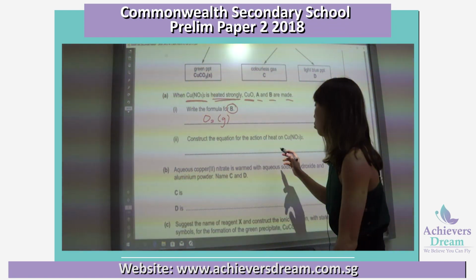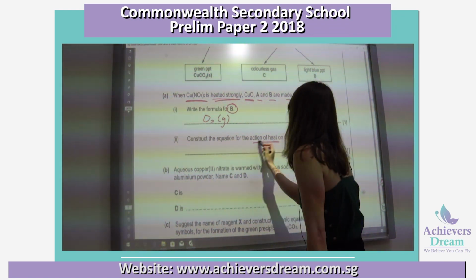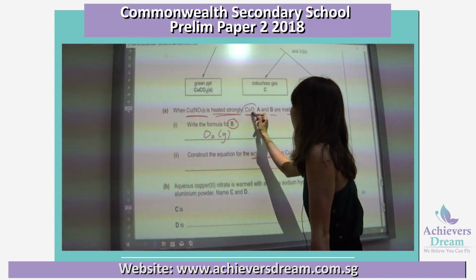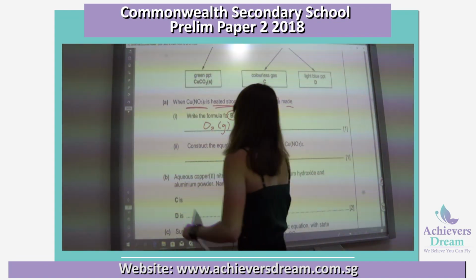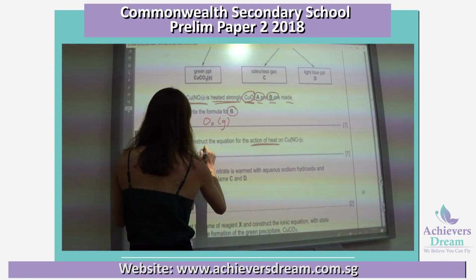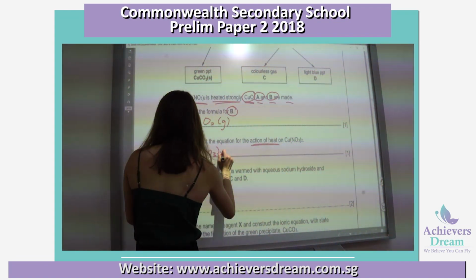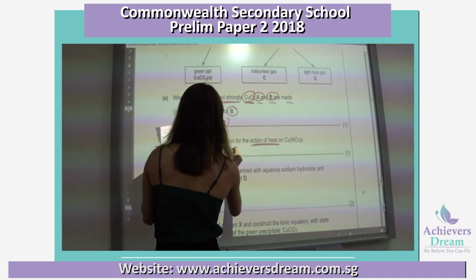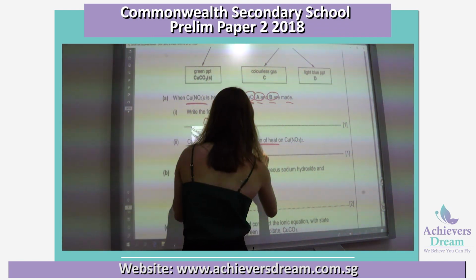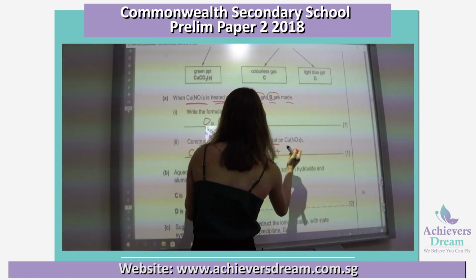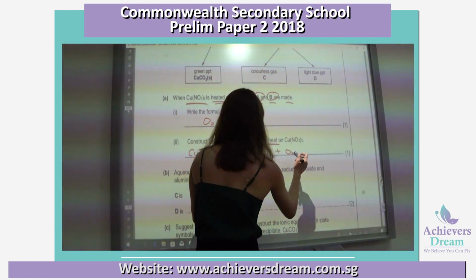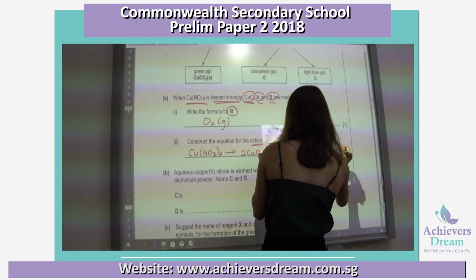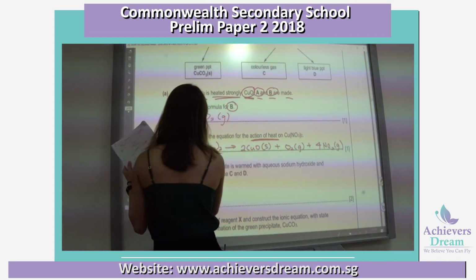Then part 2, construct the equation for the action of heat on copper(II) nitrate. They have already told you what will be formed: copper oxide, A and B. So it will be Cu(NO3)2.